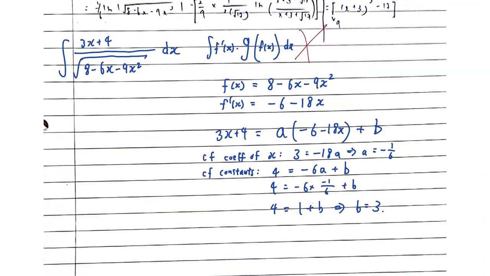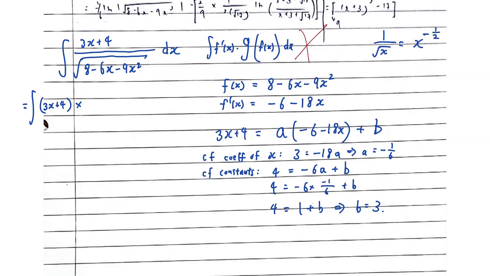It means that now this 3x plus 4 over square root whatever, we can actually rewrite it like this: 3x plus 4 multiplied by 1 over square root. Do you agree that 1 over the square root of x is actually just x to the power of -1/2?